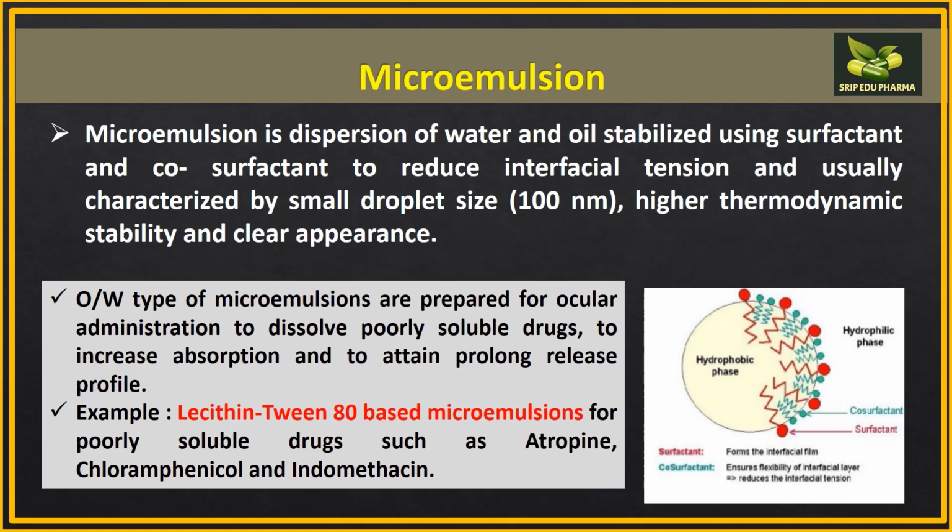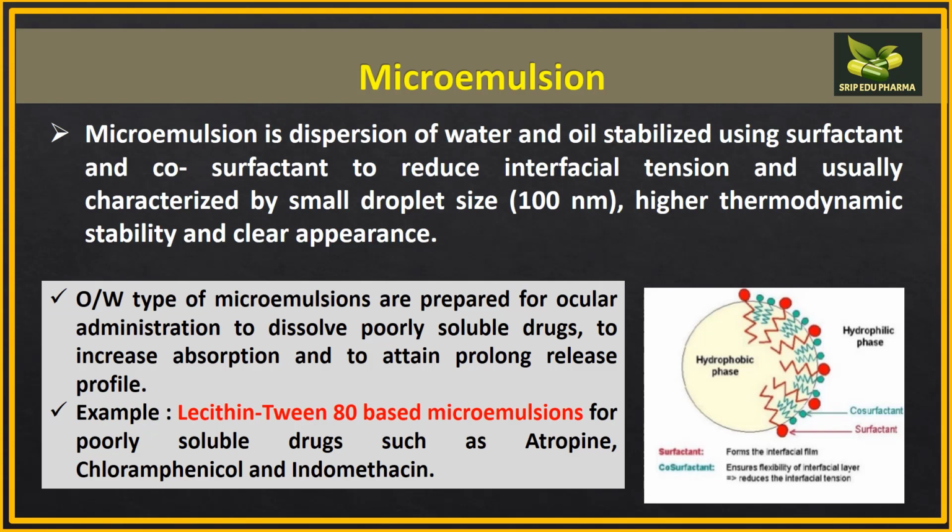Microemulsion is a dispersion of water and oil which is stabilized using surfactant and co-surfactant to reduce the interfacial tension, and usually they are characterized by small droplet size, around 100 nanometer, higher thermodynamic stability and clear appearance.